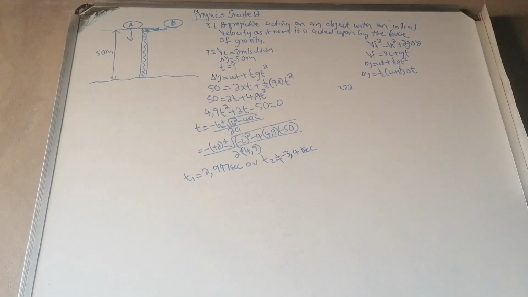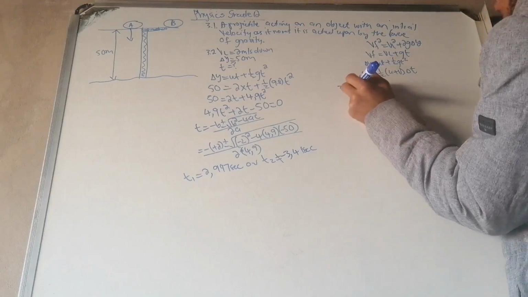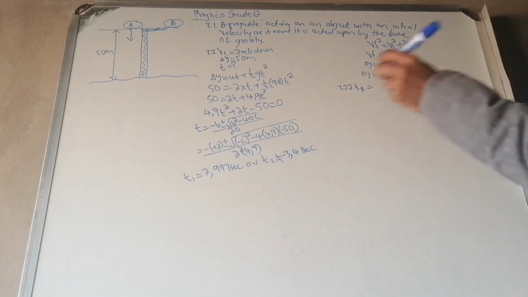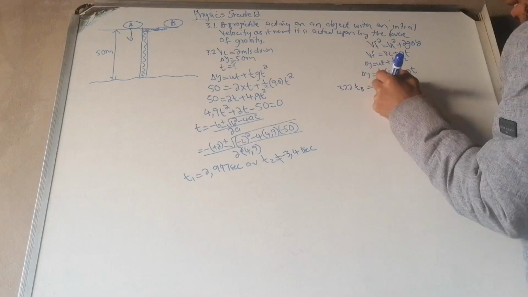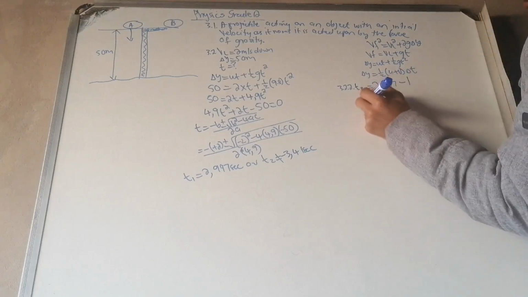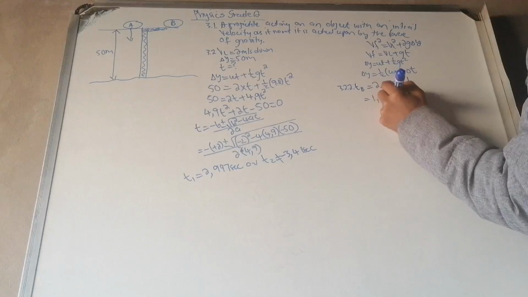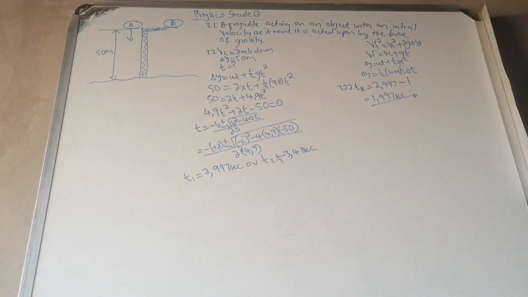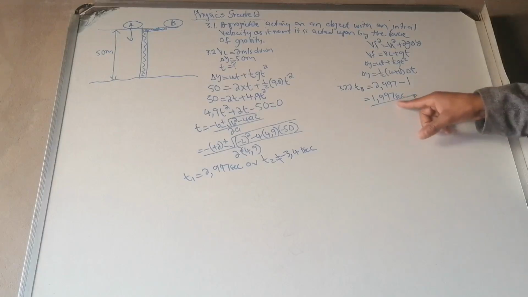So how am I going to calculate that? After 1 sec. I can say the time taken for stone B to hit the water, I'm going to take 2.997. I want to show you something. If you minus 1 here and you get 1.997 seconds, that time will tell us that stone B did not hit the water at the same time with stone A. It was behind by 1 sec.